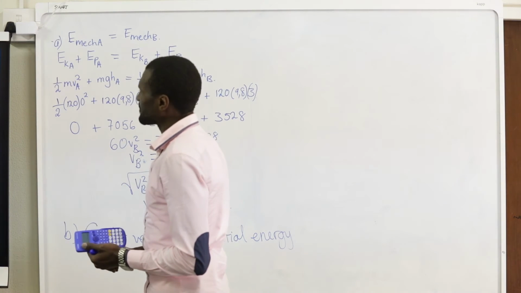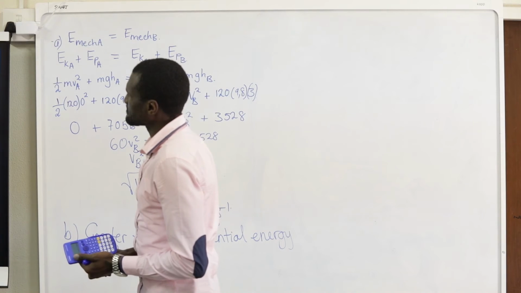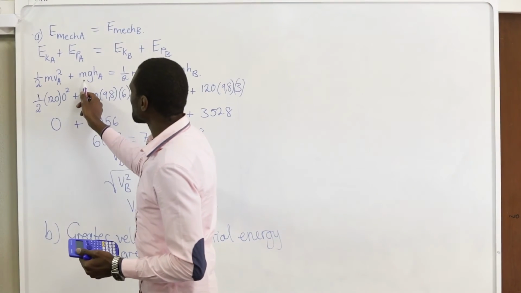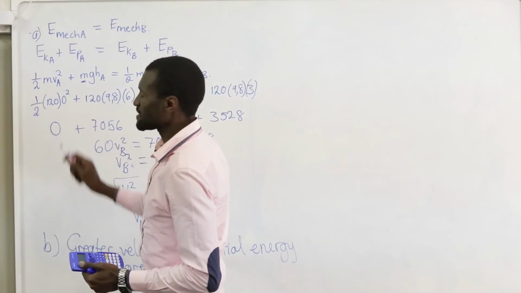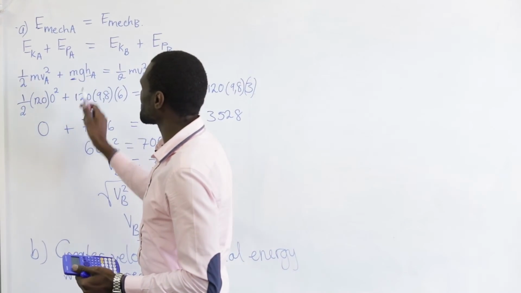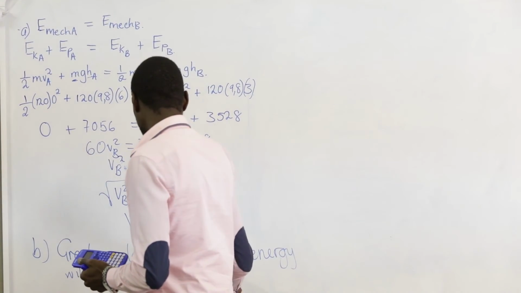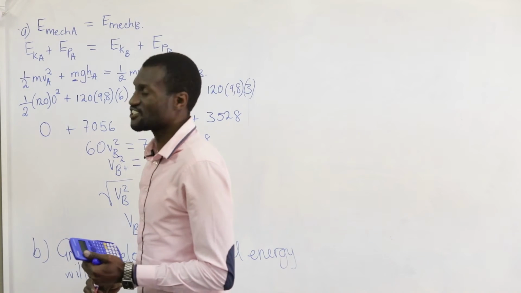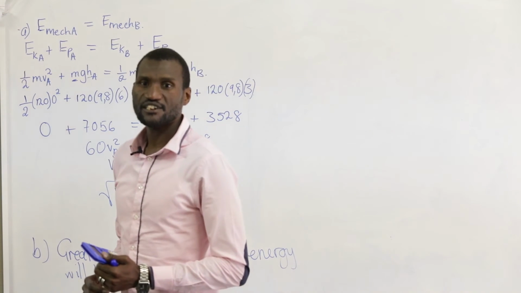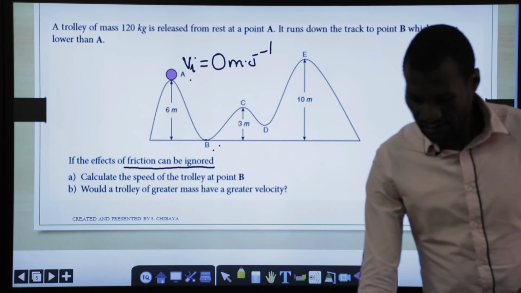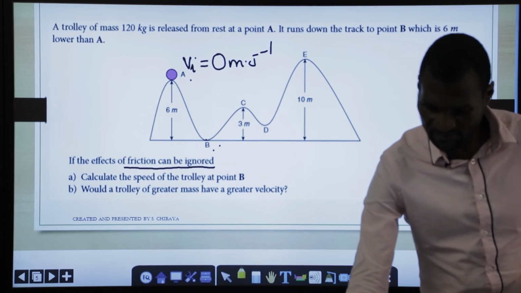What will be the acceleration of a greater mass? Still 9.8, but the only thing that's different is the mass. The height will be still the same. So it will have a greater velocity because the potential energy is going to be greater. Okay, so let's move on to the next question.